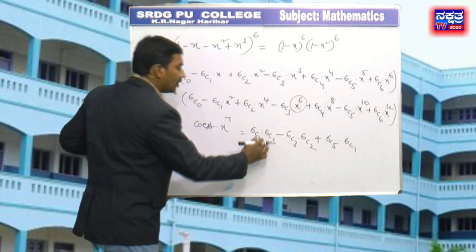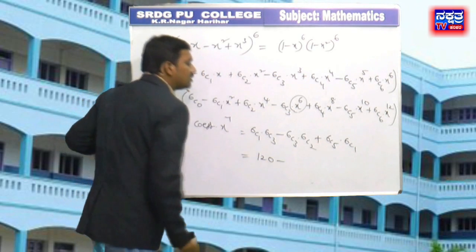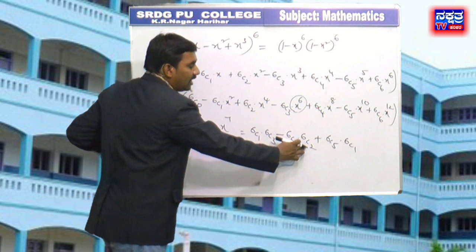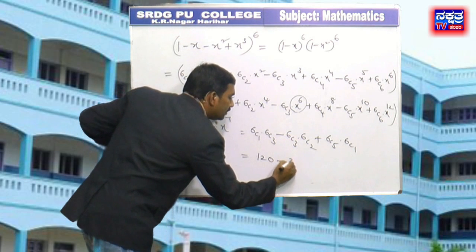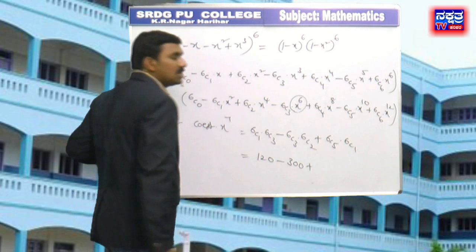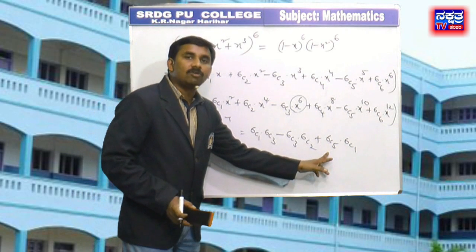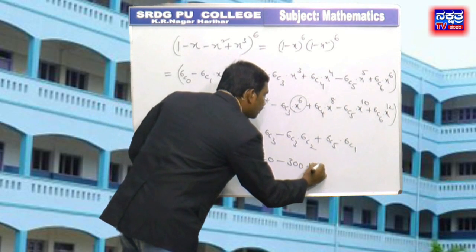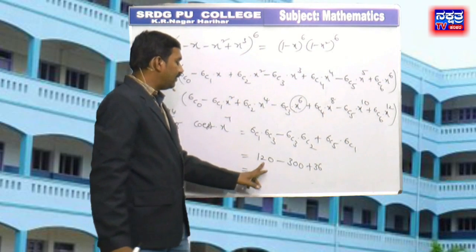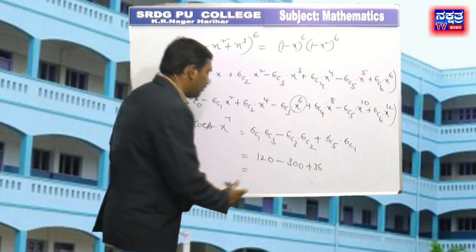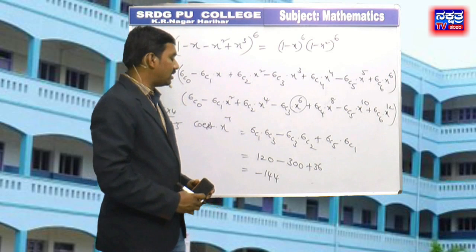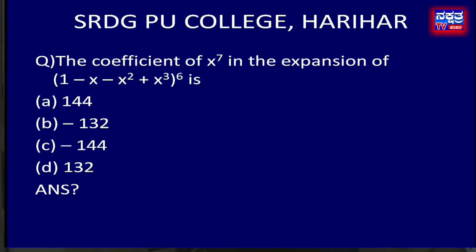So 6 into 20, 120 minus 6c3, 20 into 15, it will become 15. So 20 into 15, 300 plus 6c5 into 6c1, it is equal to 6c1 itself. 6 into 6, 36. So then total 156 minus 300, it will become minus 144. So what is the final answer here? Minus 144.